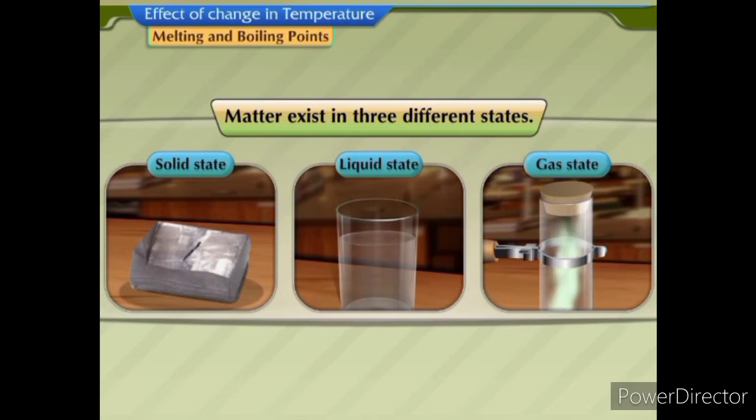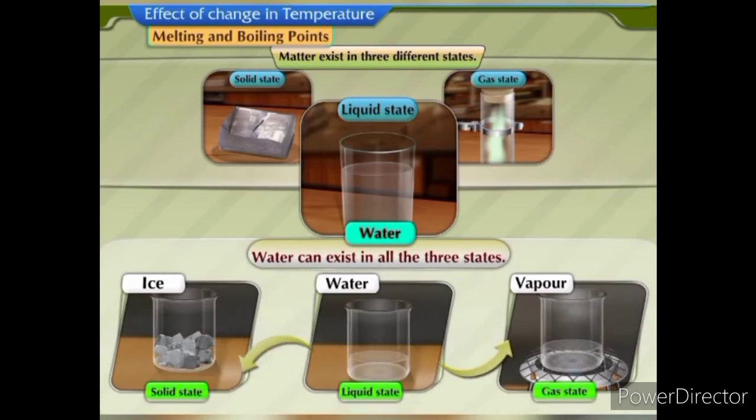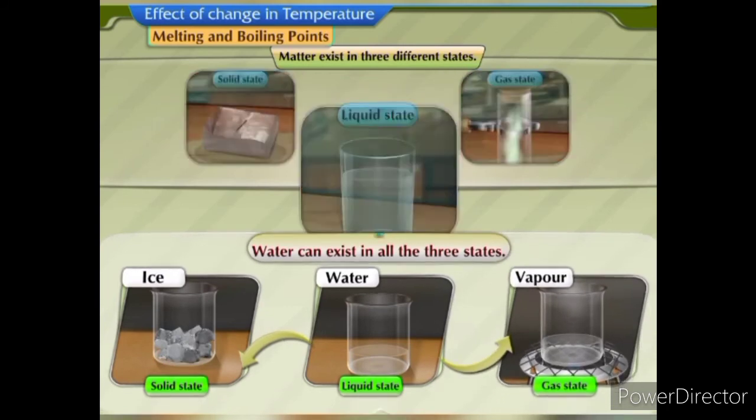The most familiar example is given by water. Water can exist in all the 3 states. When converted into ice, water goes into the solid state, and when converted into vapor, it goes into the gaseous state.